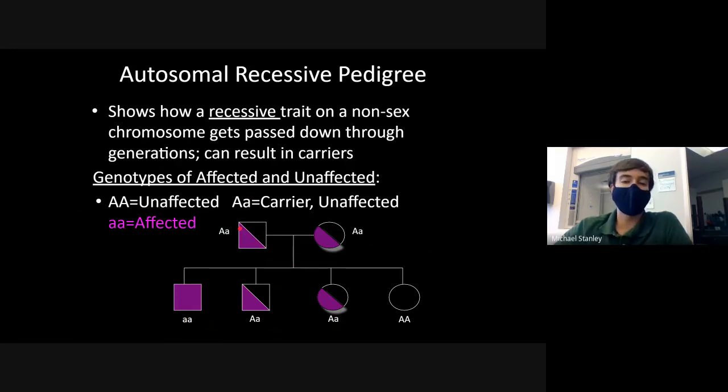So for example, both the mom and the dad here are big A, little a. So they do not have this trait, but because they're both carriers, they end up having a son that does have the trait. Even though they don't have it, the son does, because they are both carriers of that little a allele. Because of the big A, they don't have the recessive trait, but they passed down that recessive trait to their son.